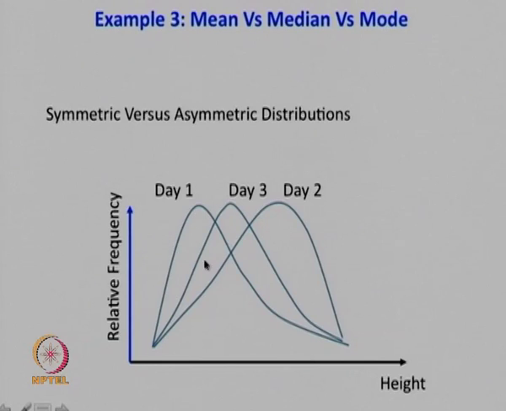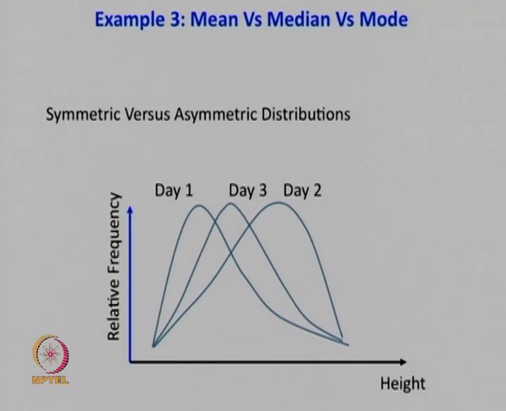On 3 different days you can have 3 different height distributions. On day 3 the data is very symmetric, on day 1 it is skewed to the left, on day 2 it is skewed to the right. So, in addition to quantifying mean, median and mode, there must be other ways of capturing this variation in the data.